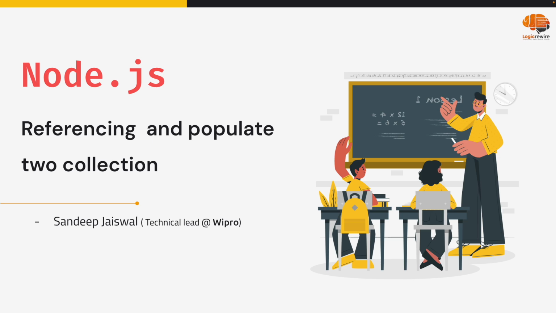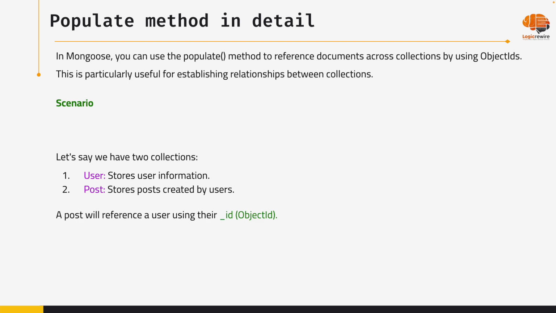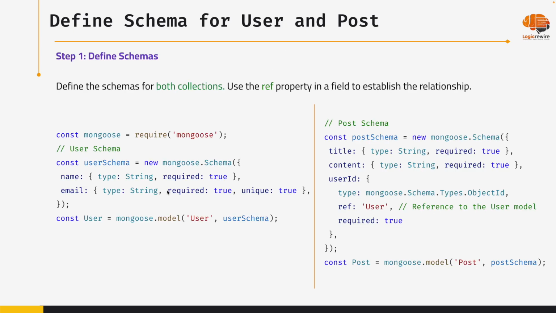Understood, Amar? We are taking the example of user and post. User stores the user information, post stores the post information, and the object ID that we get every time, we are binding with the post while creating the post.